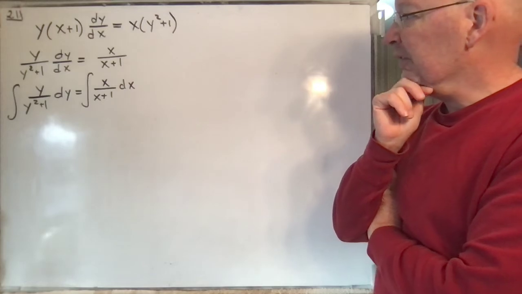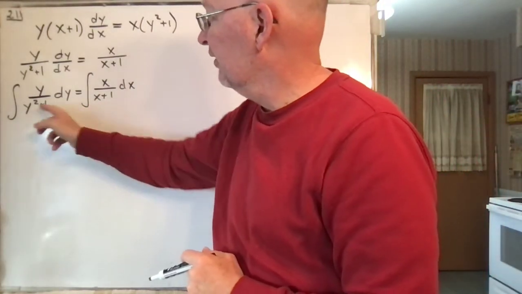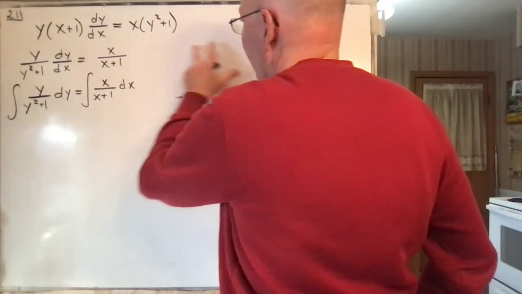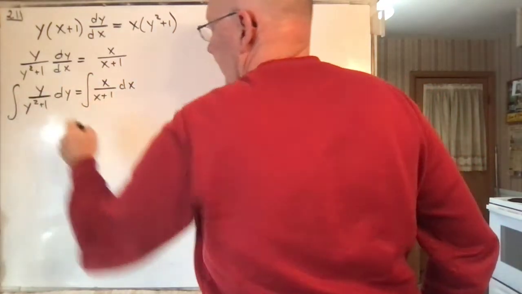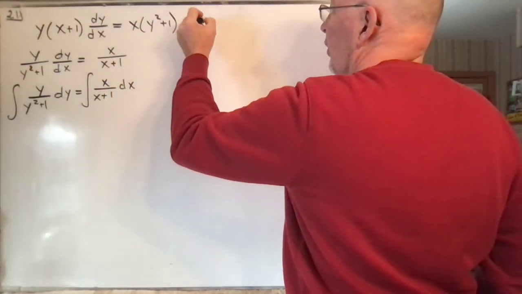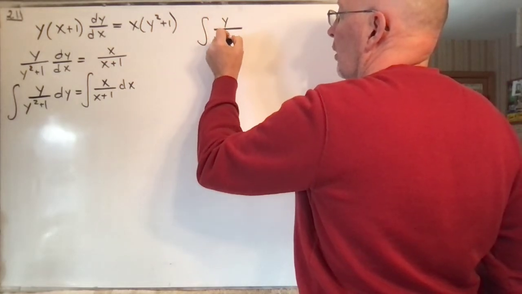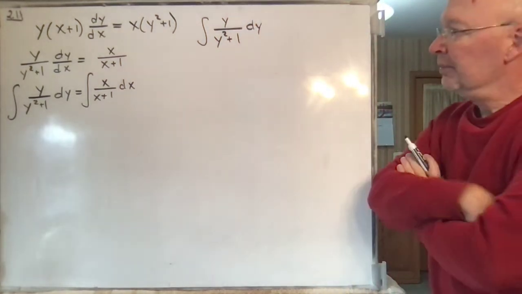So here's some things that you learn in Calc 1. First of all, you learn that you can do a substitution. Let's bring this over here, and I'm just going to leave this as is for the moment. We're just going to work on the left-hand side and find its antiderivative.